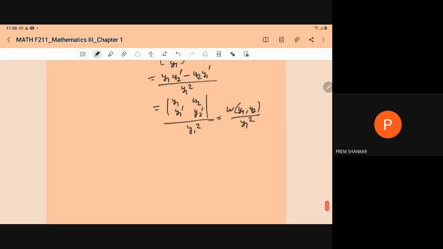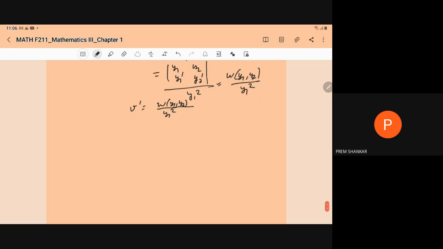So here we have v dash is equal to w of y1, y2 upon y1 square. And in section 15, theorem A, lemma 1, we have proved that w is equal to C e to power minus integral p dx.